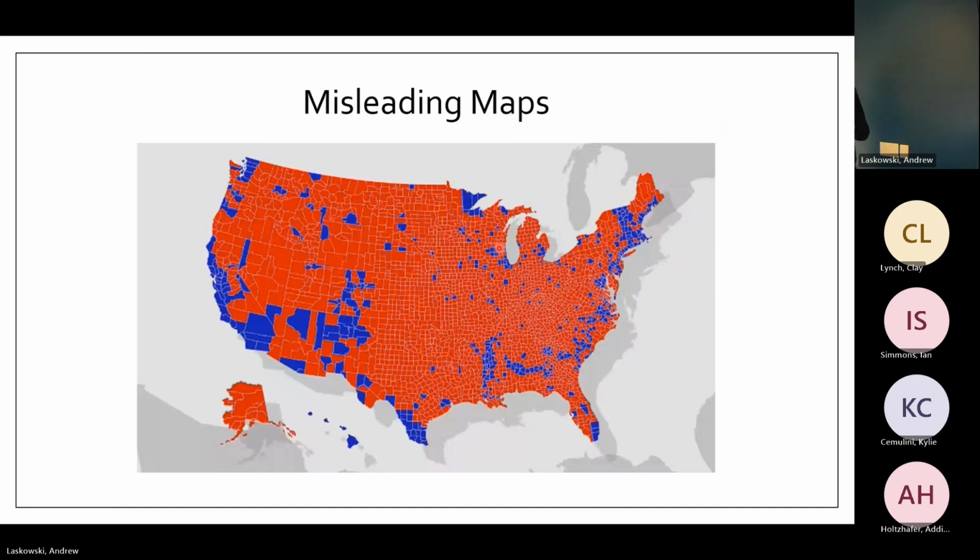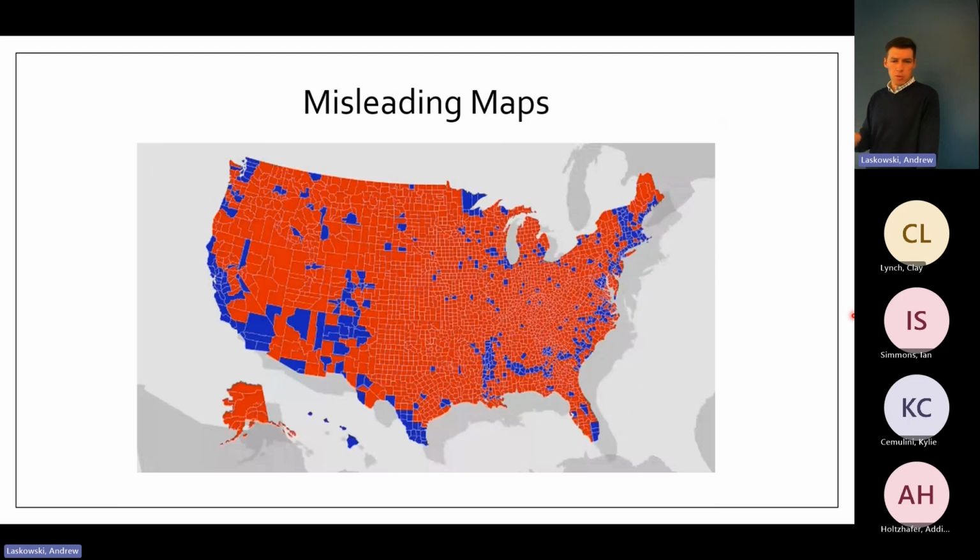So I want to highlight in the last part of this lecture how design choices can be misleading, especially if the design choices are not clear to the readership. Every 4 years at least, probably every 2 years, we see a lot of these maps, red and blue, keyed to the political parties.